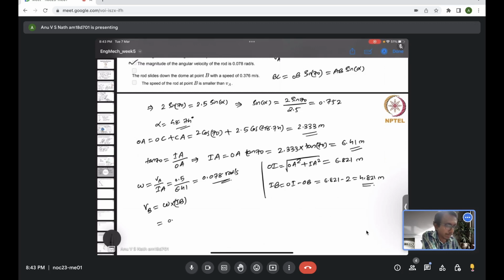They will have the same angular velocity, only their velocity will be different. So this times 4.821, the velocity is 0.532 meter per second.